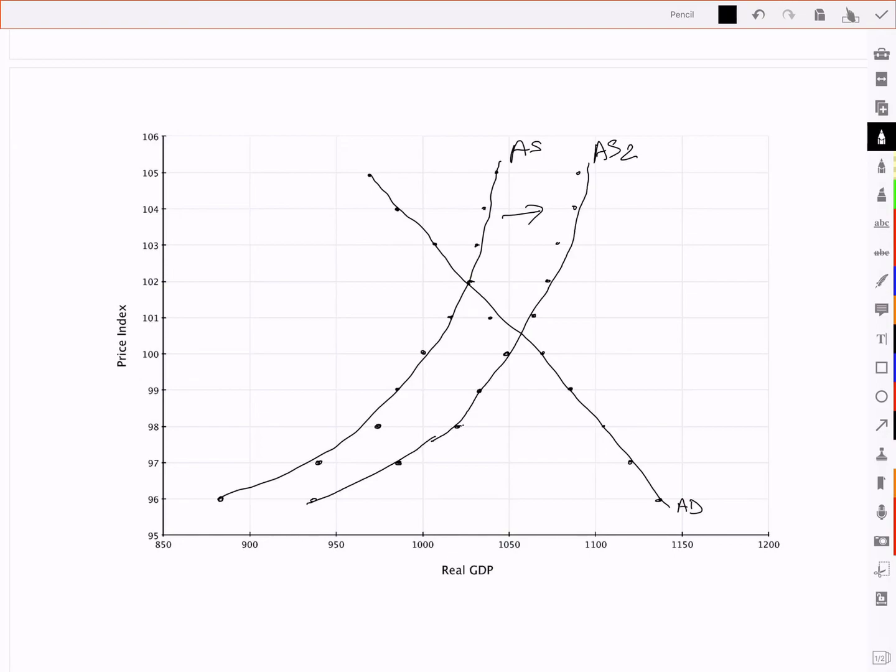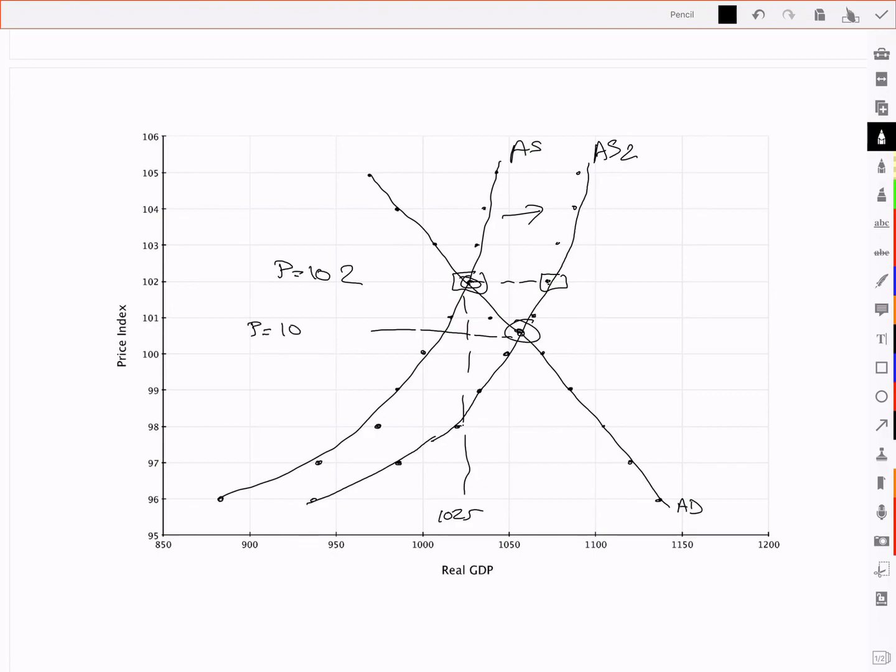And so what does that do to our equilibrium? Well, before we had a price index of 102, and we had a real GDP of 1025. Now with that increase in aggregate supply, at the current price level, businesses are willing to sell more than we're all willing to buy, so we have a surplus. And we can find that surplus because that's the difference between here and here. And so we have a surplus of 50 there, and that's going to drive down the price, and we'll end up with a new price level here.